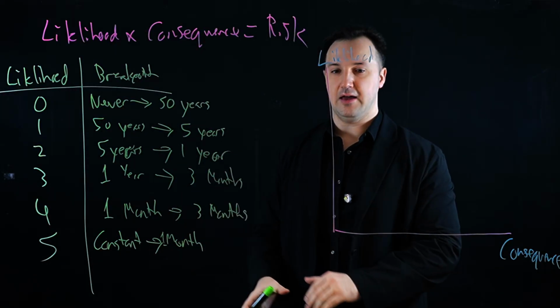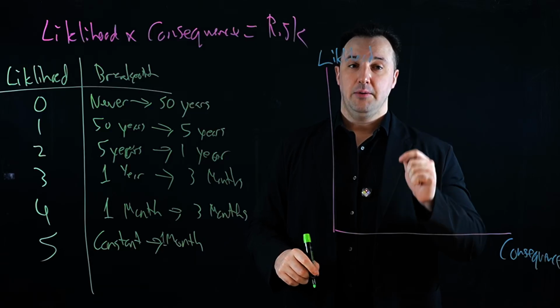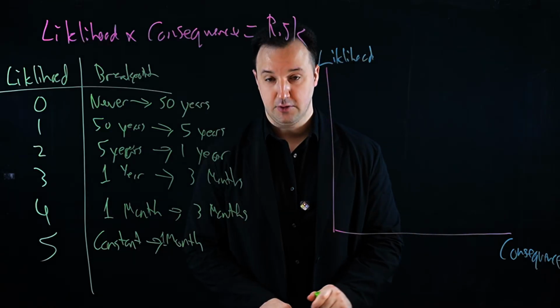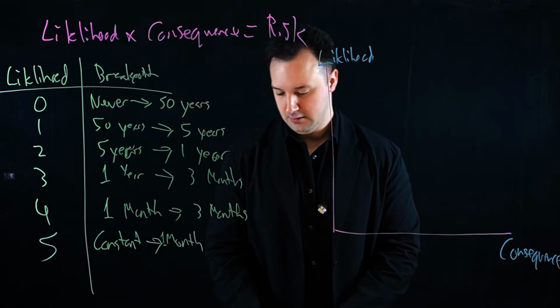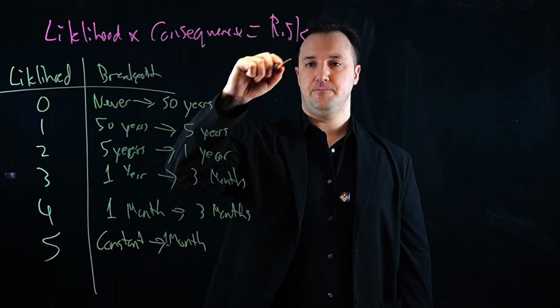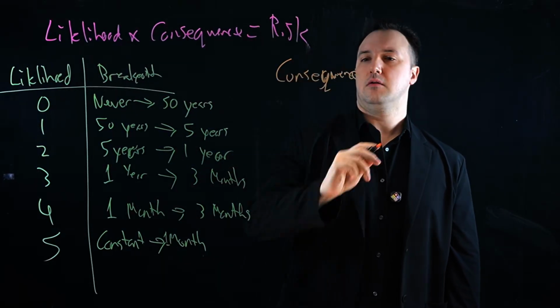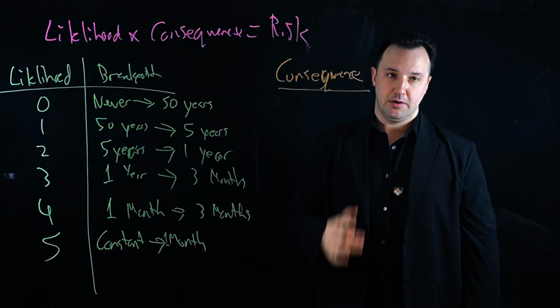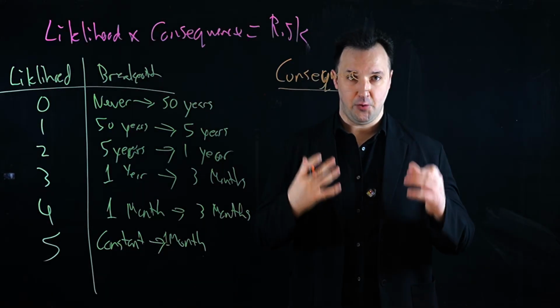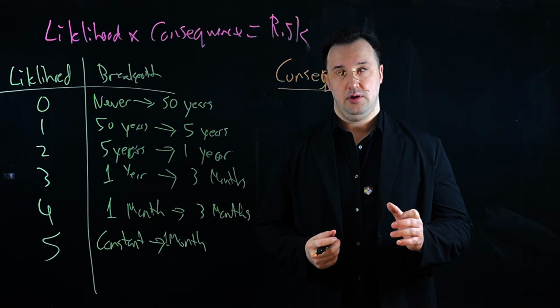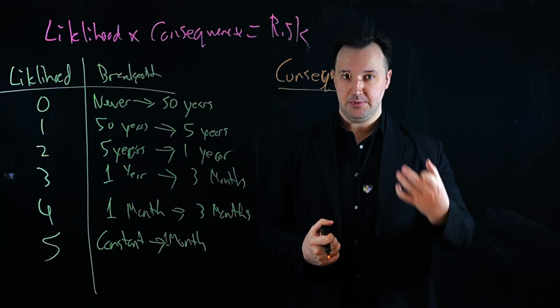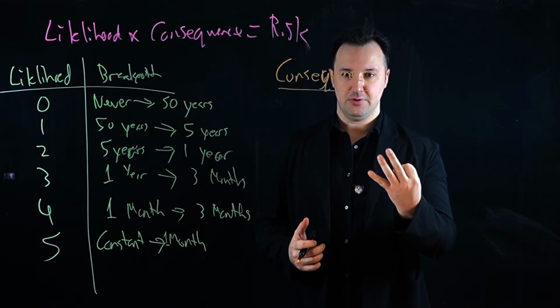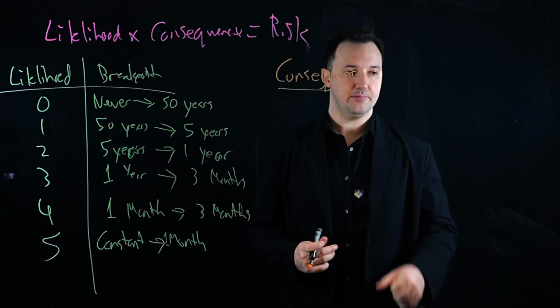Okay, we've done that. Now we got to do consequence. Now consequence is a bit of a monster. When you're doing consequences, you've got to figure out which ones you're actually focusing on. Now, generally speaking, there are 3 categories for consequences that people look at.